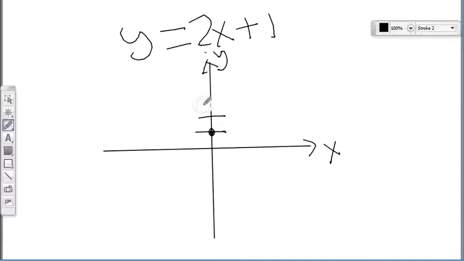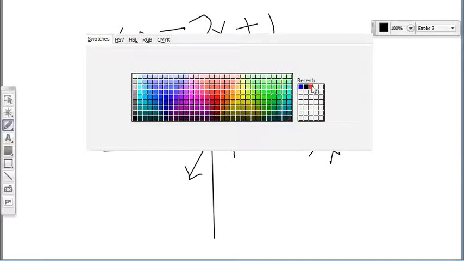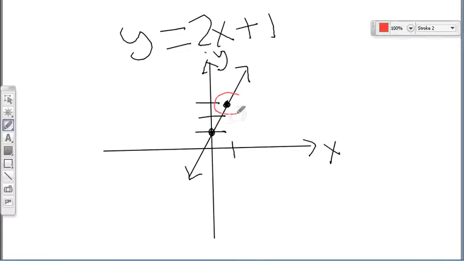I know the slope of this line is up 2, right 1. And so I can graph a line if I know 2 points that the line passes through. So this is the graph of the line y equals 2x plus 1, and we can see that the point (1, 3) is on that line.